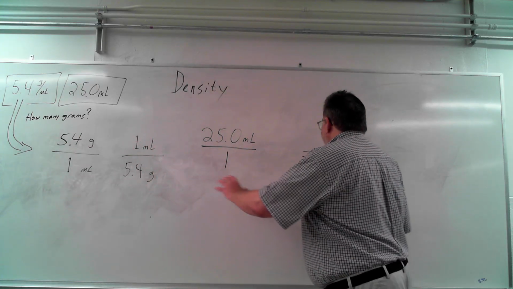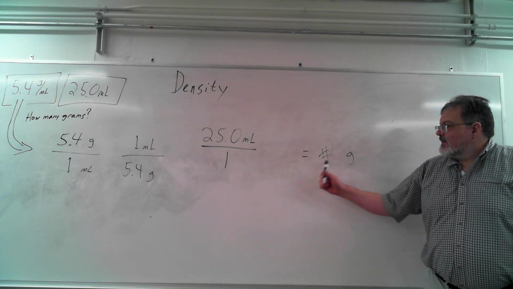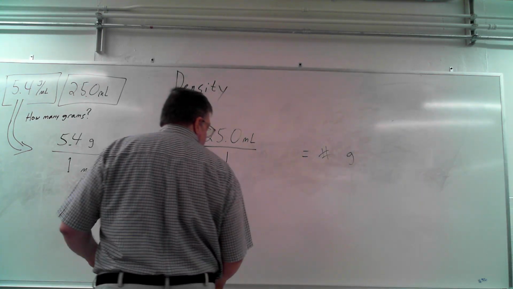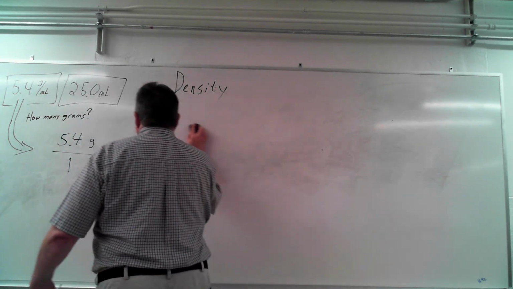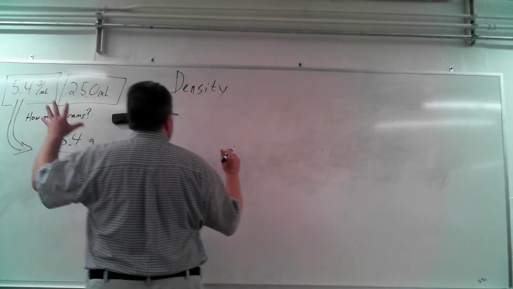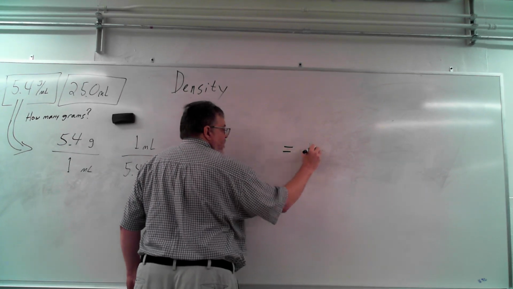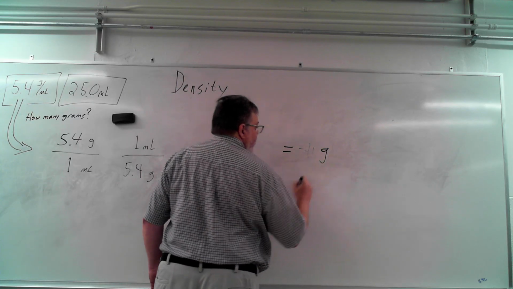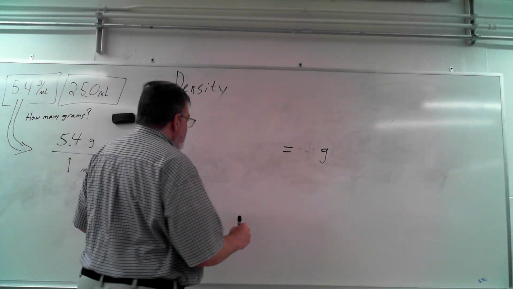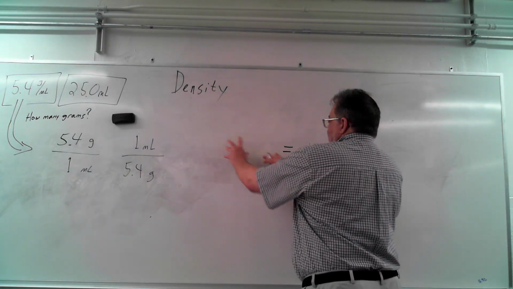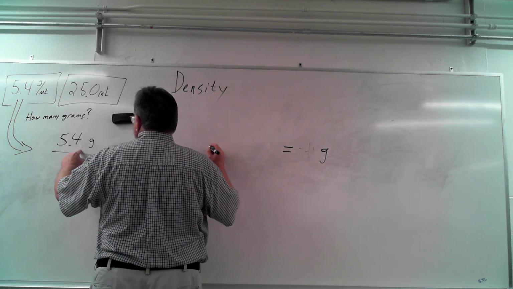The question itself tells you what needs to be on this side of the equal sign. So when you're solving problems, you can set this up. The first thing you can write: before you do anything, you go, okay, this is asking me for grams. Make an equal sign. There's going to be a numerical value, and put your G for grams. G stands for grams. So you know that what you do over here has to cancel out to grams. That way you know that grams needs to be on top.